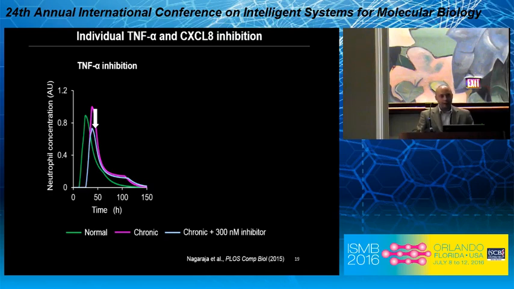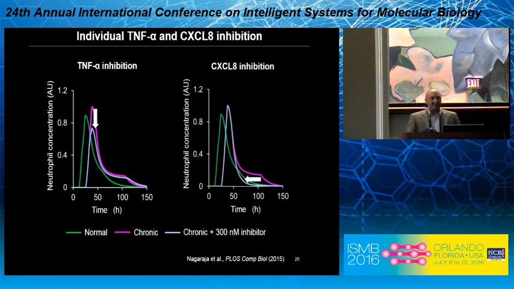But then potentially, we want to shift the tail to the left. So the blue curve corresponds to chronic inflammation with an added TNF-alpha inhibitor. And you can see that this inhibition pushes the peak height down. However, it does not affect the tail of the inflammation time course. And this tells us that TNF-alpha inhibition potentially can be a strategy to selectively modulate one inflammation index, the height of the peak.